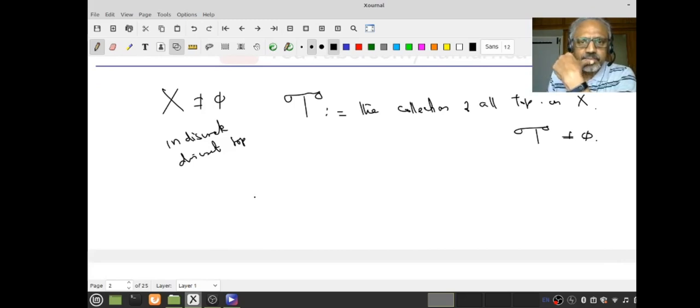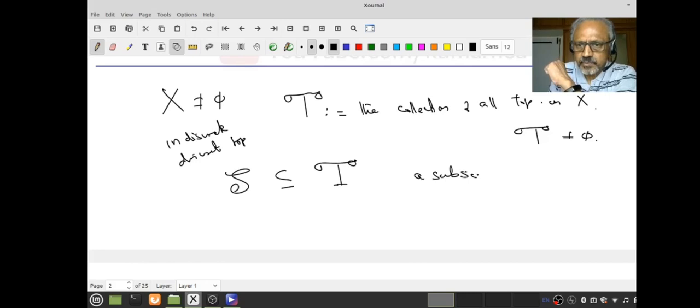Now what we want to do is observe the properties of this. Let me assume something. Again there is a notation here. Let S be a subset of T. This is a sub-collection of topologies.